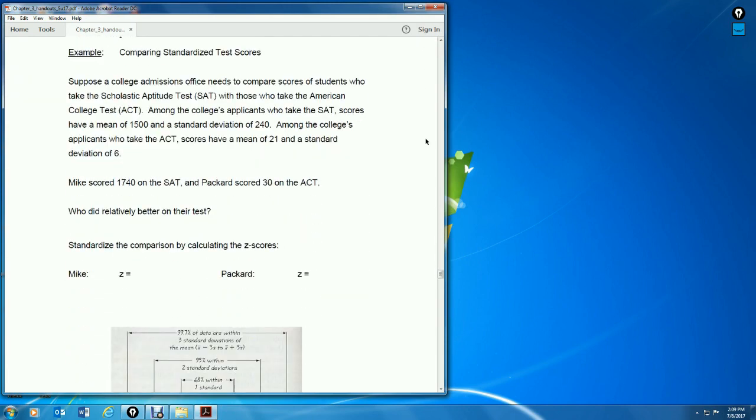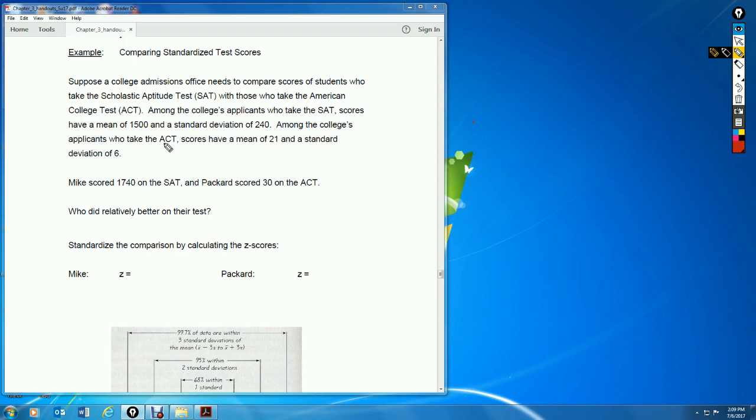So for example, comparing standardized test scores. All right, so let's say there's a college admissions office that needs to compare students who took either the SAT or the ACT. Among the applicants who took the SAT, the mean is 1,500, the standard deviation is 240.